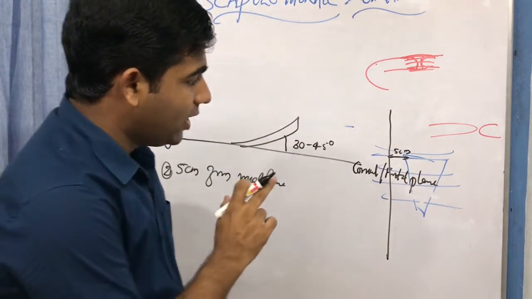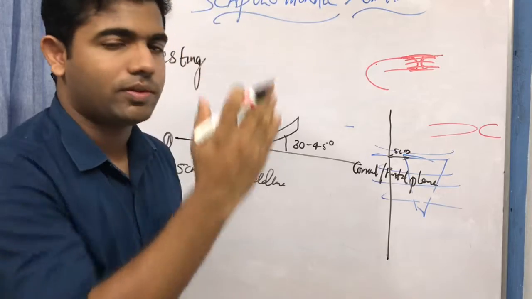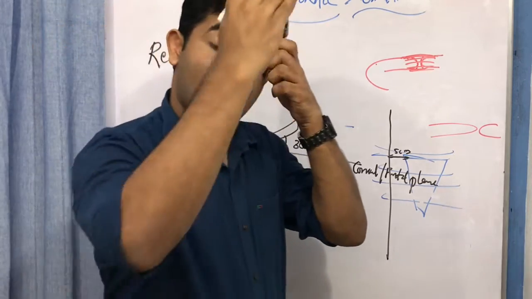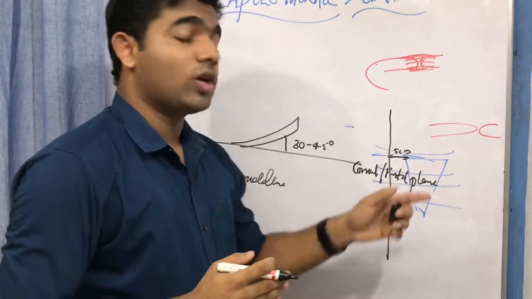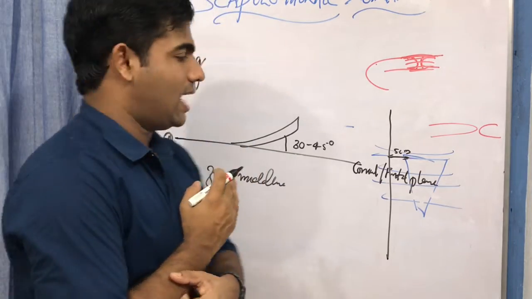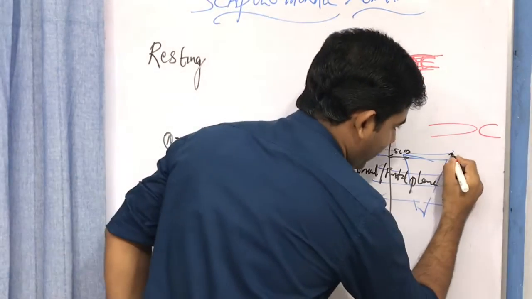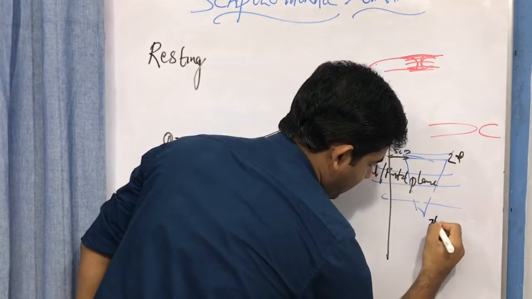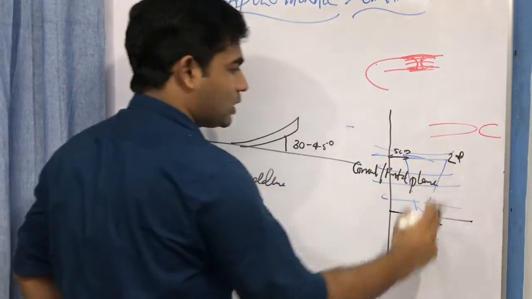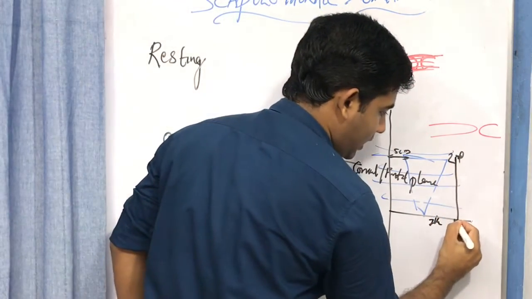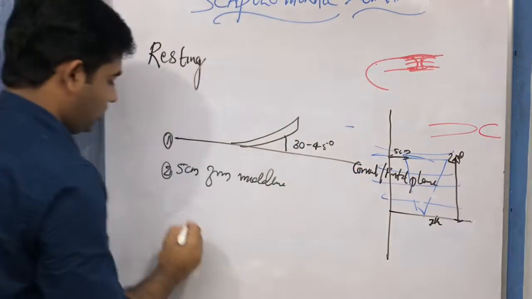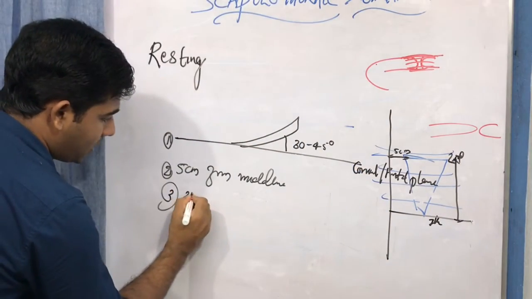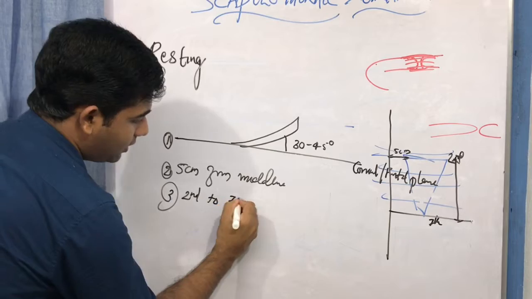So it will be away from the vertebral column or midline of the body, of course, the vertebral column is considered the midline of the body, by about 5 centimeters. And it extends between the 2nd to 7th rib. The third point here is 2nd to 7th rib.